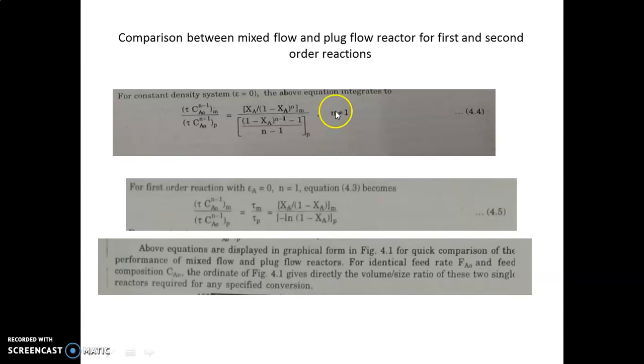Then these equations we can represent graphically in figure 4.1 for quick comparison of mixed flow reactor and plug flow reactor. Note that this comparison is done for an identical feed rate FA0 and feed composition CA0. That means the same FA0 and same CA0 values you have to take for mixed flow reactor and plug flow reactor.